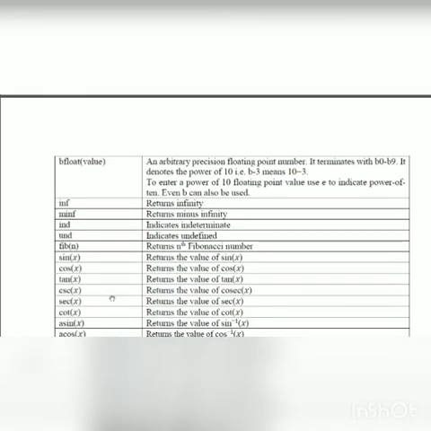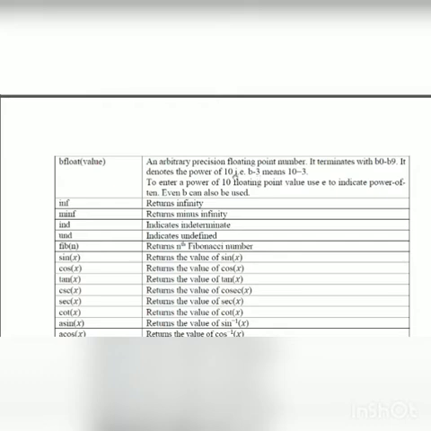The next one is bfloat. If you want to display the result in powers of 10, then you have to use bfloat. So what is this? Bfloat of value will give you some value like this, B minus 3.